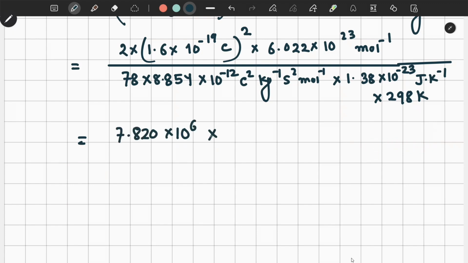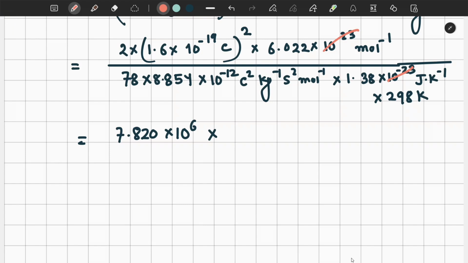And the power part, 23 will be cancelled out. Here it is only 12, but it will be 10 to the power 46.